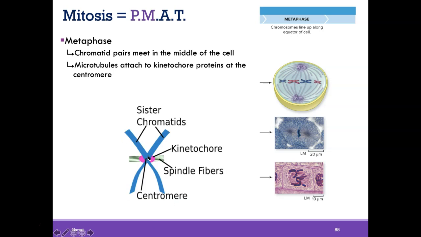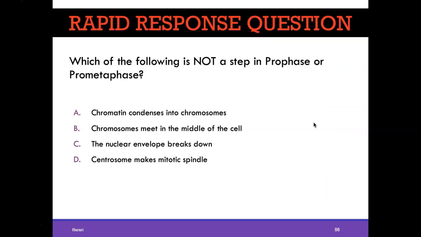So if we zoomed in, here's two centromeres. These are identical sister chromatids, and the microtubules grab onto the kinetochore proteins at the centromere of each chromatid. So metaphase: chromosomes line up in the middle, microtubules attach to the kinetochore proteins, and the arrangement along the equator is very important. So we assure each cell will receive just one copy of each chromosome.